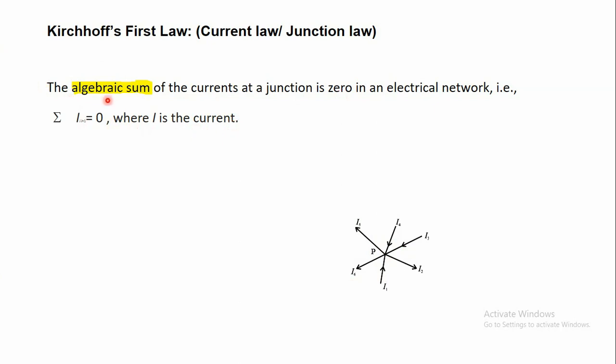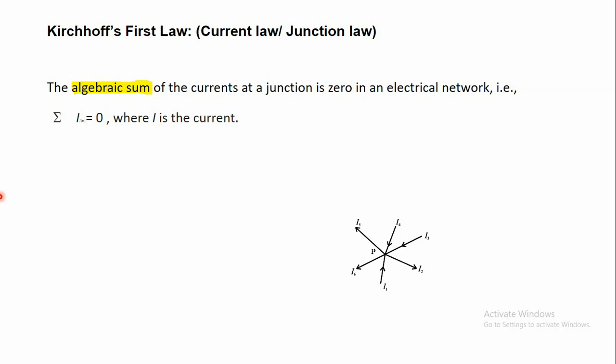Now it is saying algebraic sum. It means it will have a particular sign. It means that for a particular direction it will be positive, and for another particular direction it will be negative. You remember in optics we used to have the sign convention that distance measured in the direction opposite to the travel of light is negative, and distance measured in the direction of propagation of light is positive, from the principal axis, from the pole.